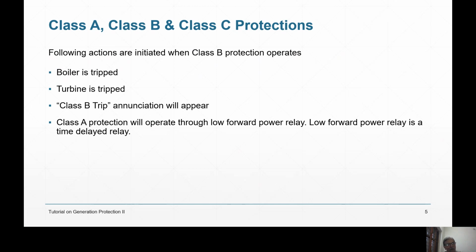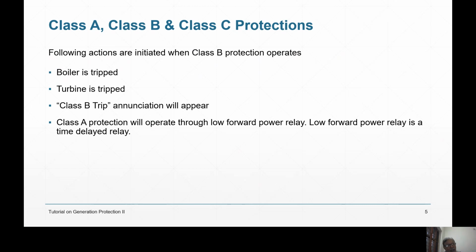You see, you trip the turbine, but the generator has its own inertia, several 100 tons or 200 tons of mass. It is running and it is feeding the bus. But obviously, because mechanical power is lost, the speed of the generator will go on reducing. Thereby, you are using the kinetic energy of the generator.